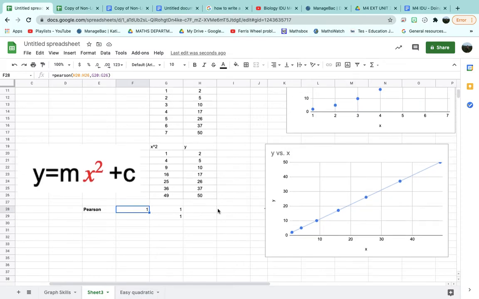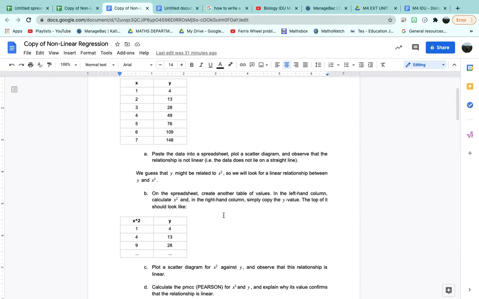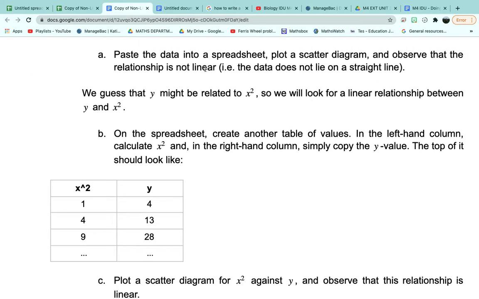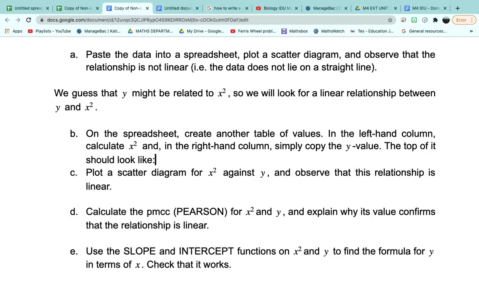But what we want to be able to do is to do the following. We have pasted the data into a spreadsheet. On the spreadsheet, we've created another table of values. We've then plotted a scatter diagram for x squared against y. Our table is different to this, so I'm going to just get rid of this here.